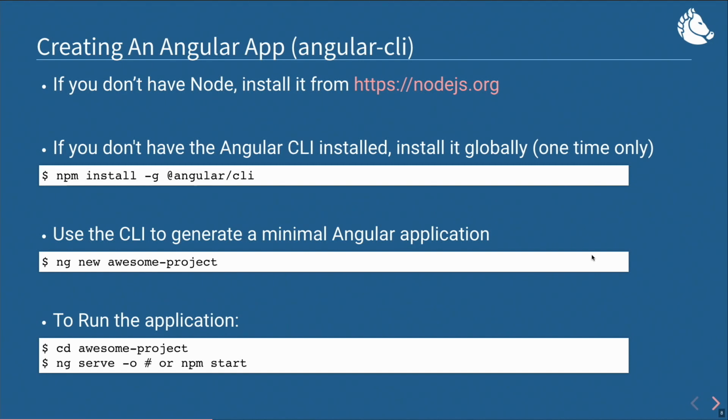And then your project is ready to go. You can go into the project's folder and type ng serve. The -o will open a browser window and open the application for you once it's started. And by default, the package.json in your generated application will include a start command, and if you do npm start, it actually runs ng serve.